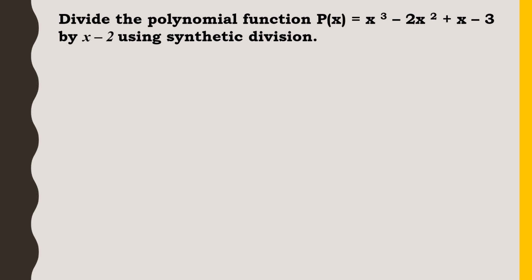For the first step, we write the coefficients of p of x, which gives us 1, negative 2, 1, negative 3. Then we write the constant c of the divisor in the semi-box on the left of the first row, and that is positive 2.